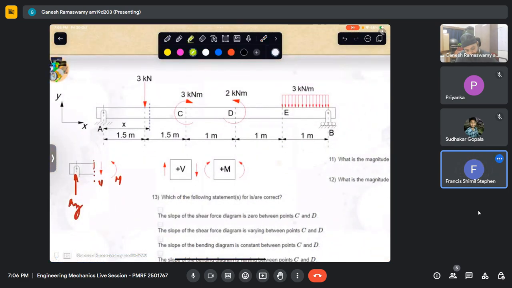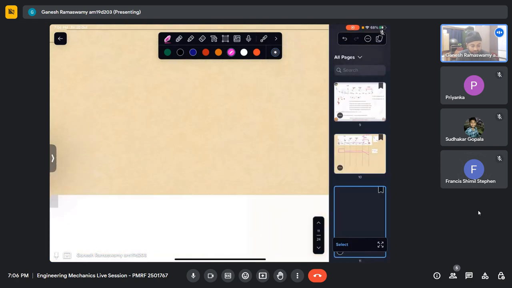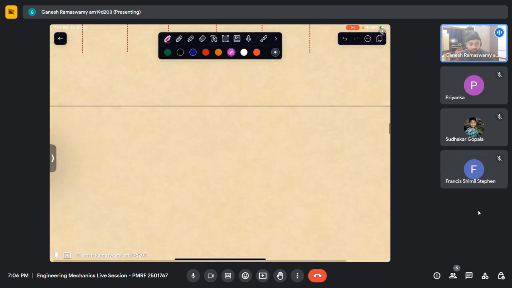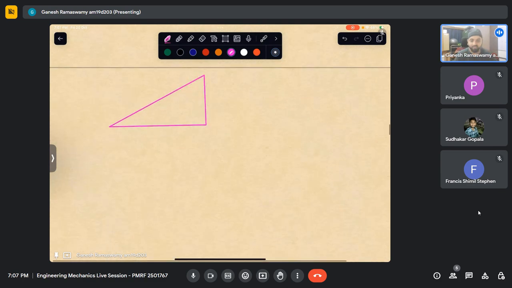Yes, you can fix this left support as the origin. Easier, yes. Why easier? Let us just see. In that case, you can start from a direction where the triangle originates. That is, let us say this is my triangle. It will be easier because the area of a triangle you readily know.